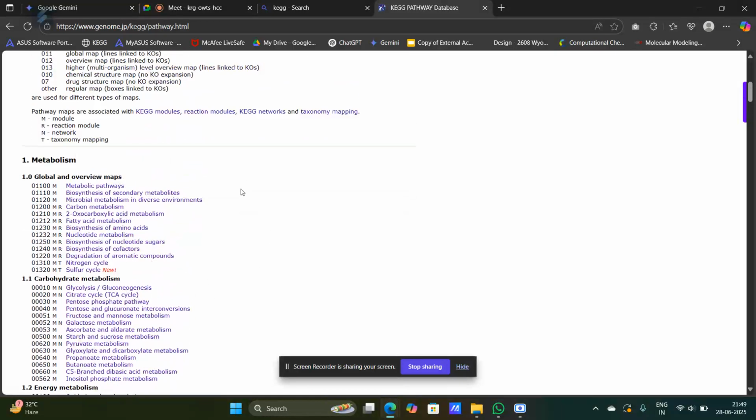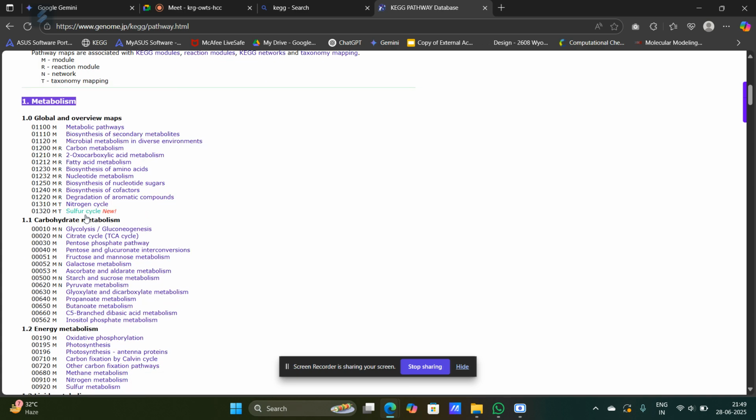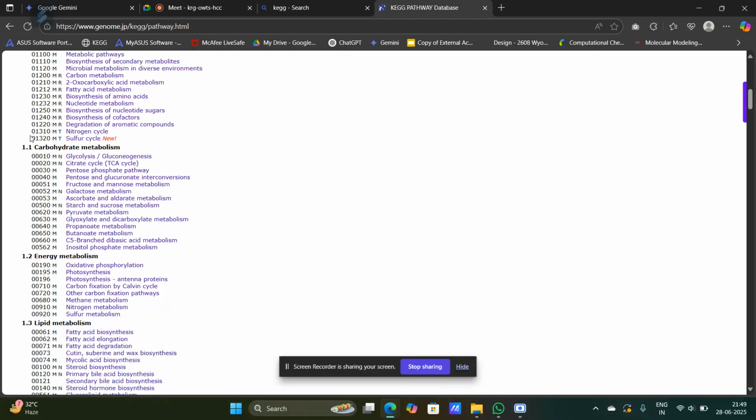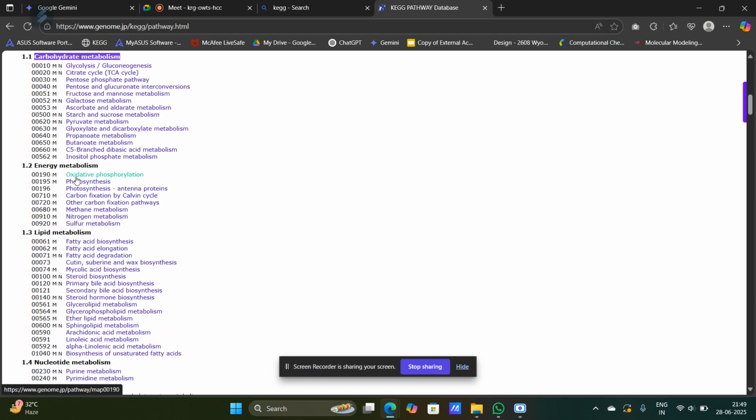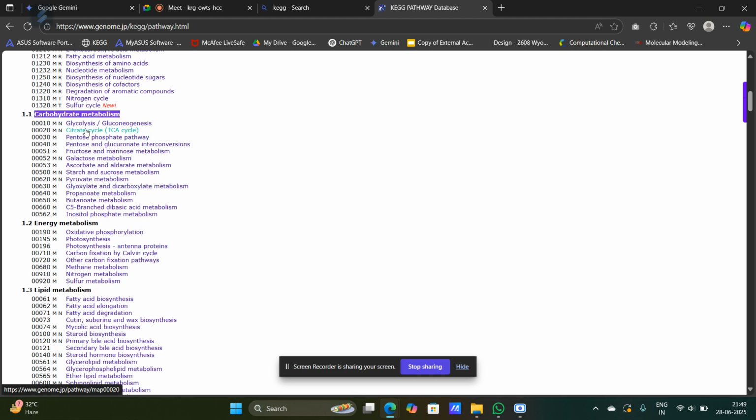If you scroll down, the first section is metabolism, and under metabolism you have a few pathways. One is global and overview maps, and there are subdivisions. It starts with carbohydrate metabolism and then energy metabolism. Some of the pathways, for example, glycolysis, gluconeogenesis, citrate cycle, pentose phosphate pathway.